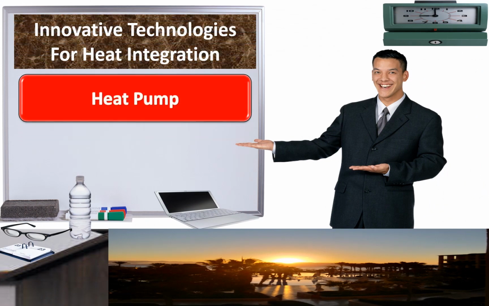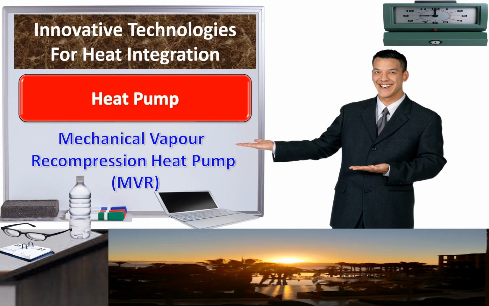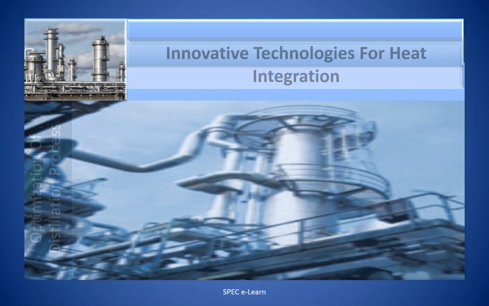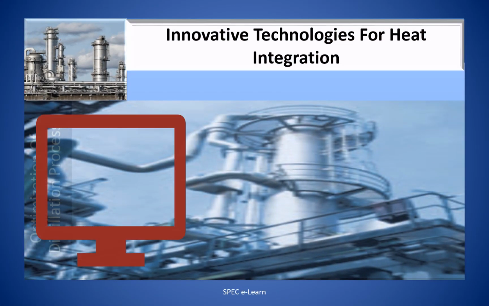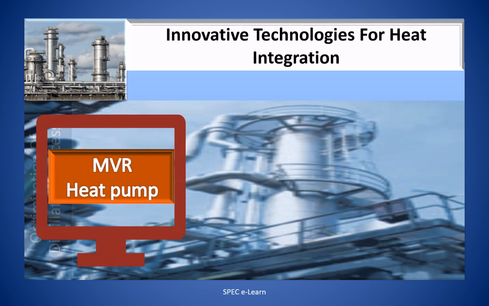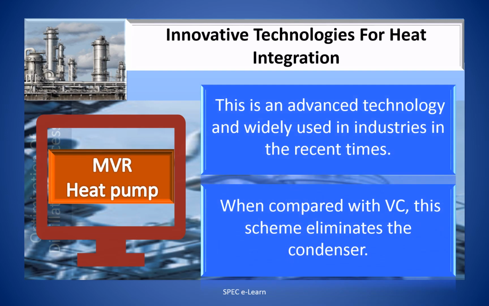Now we will move on to another heat pump technology, mechanical vapor recompression heat pump. This is an advanced technology and is widely used in the industries in recent times.